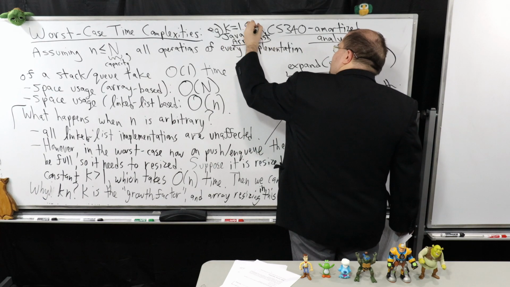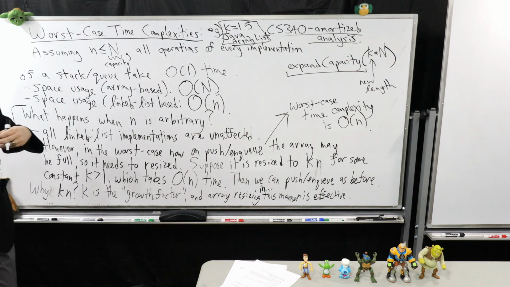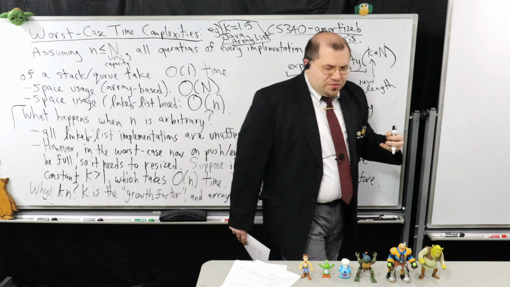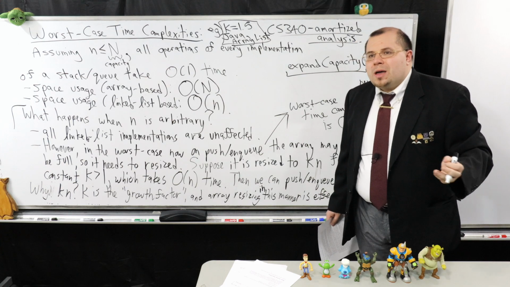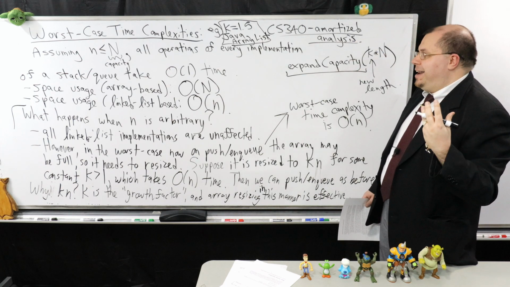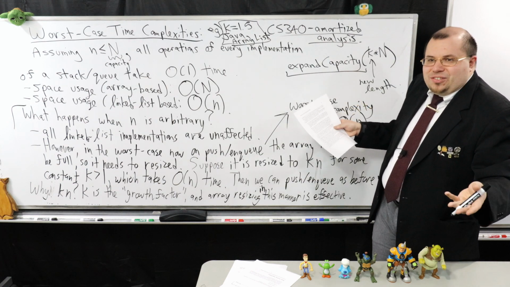In there, they use k as 1.5. And in C++, I can't remember what the constant is, but there's an analogous version for the vector class. I always remember the one for Java though.